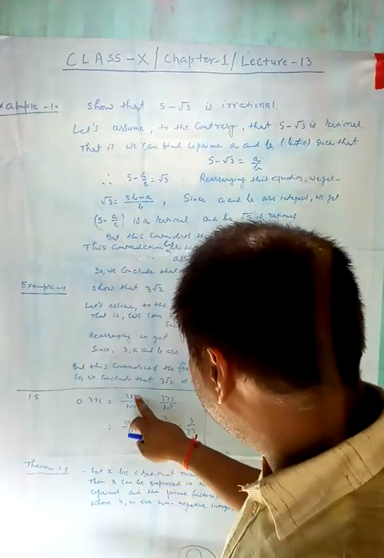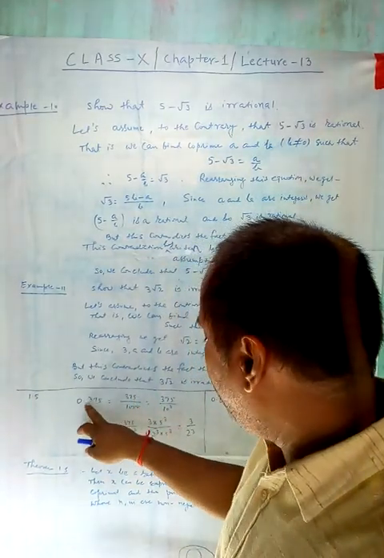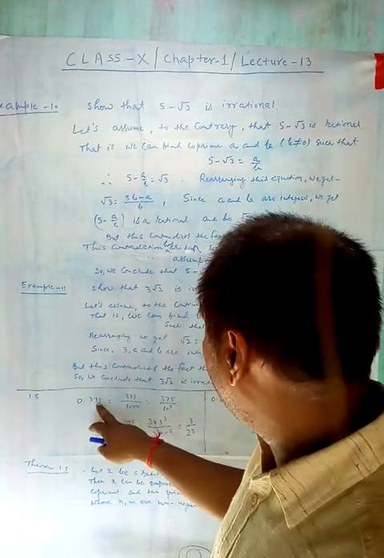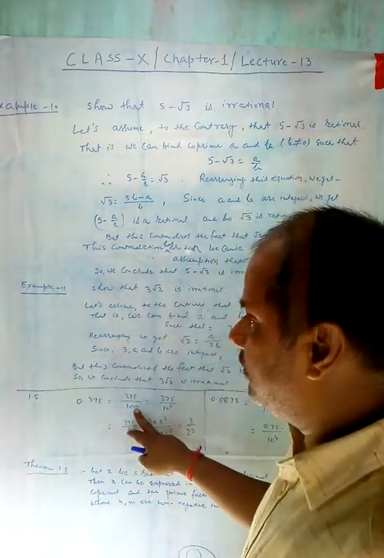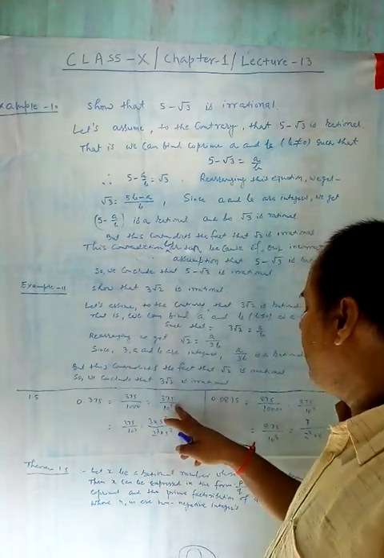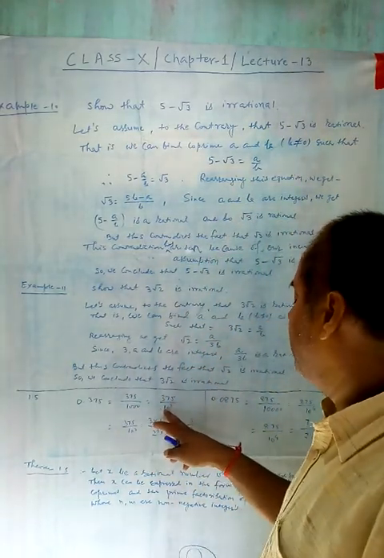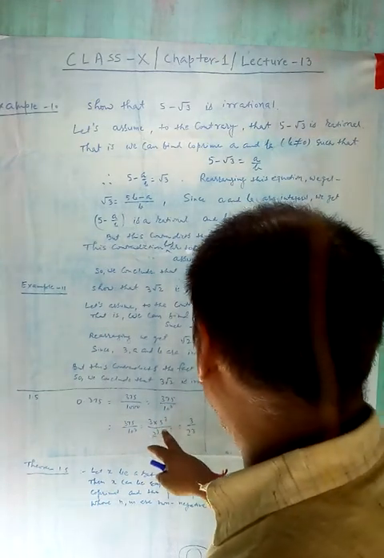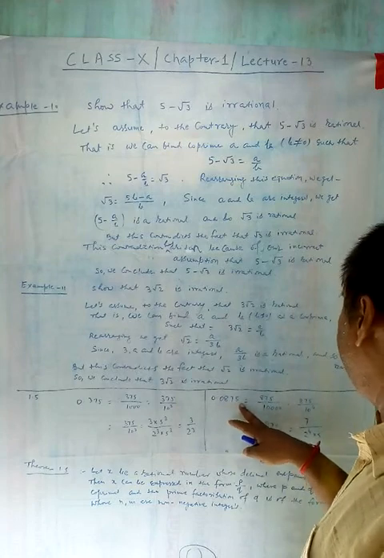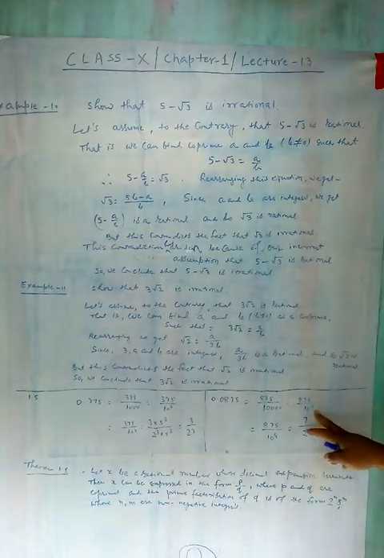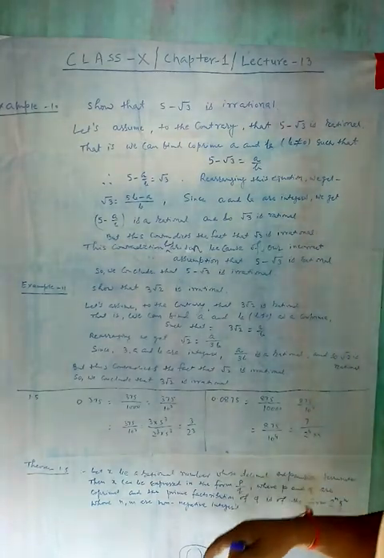0.375: after the decimal there are 3 digits, so you can write 375 by 10 to the power 3. Similarly, 0.0875 is 875 by 10 to the power 4.